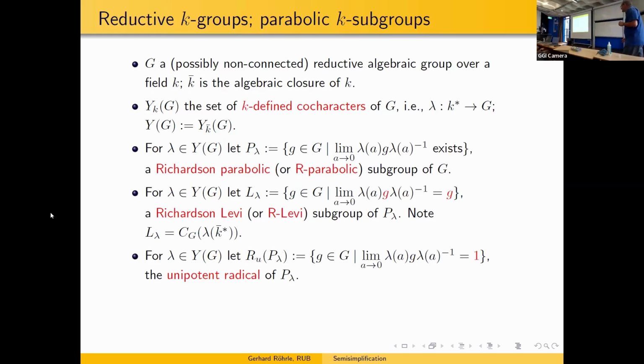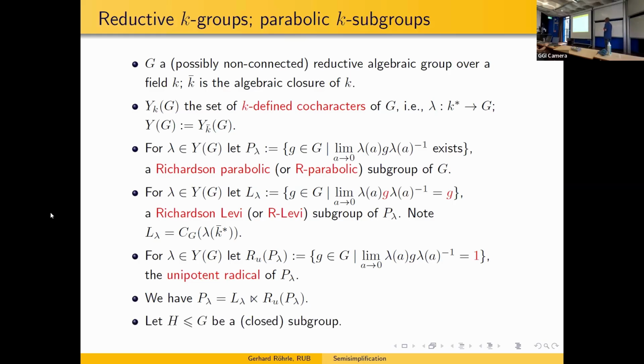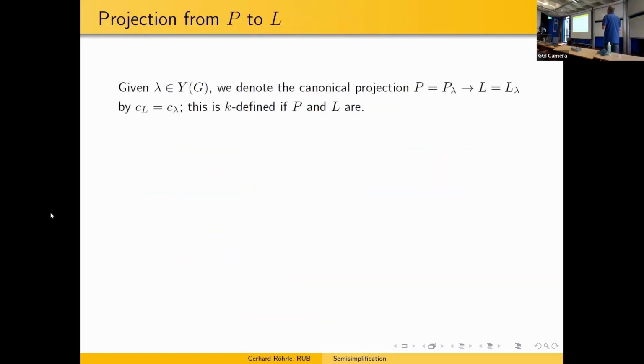And then you do have a semi-direct product decomposition of this parabolic into a Levi and the unipotent radical. From now on, H is some closed subgroup that we want to study and see what we can say about it in terms of this notion of G-complete reducibility, which I'll remind you of.